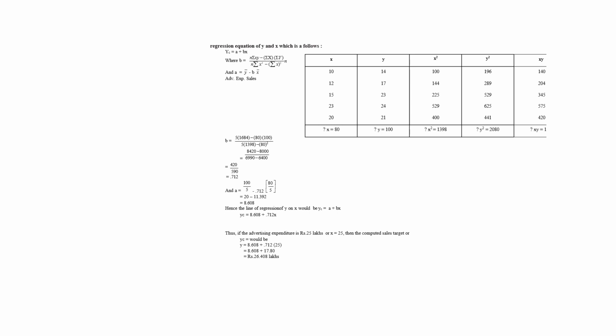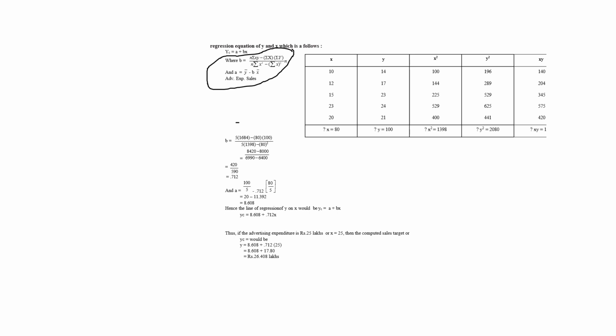We need to find b first and put it in this formula, which is important. The regression of y on x would be yc is equal to a plus bx. We got a as 8.608, which is y bar minus b x bar.